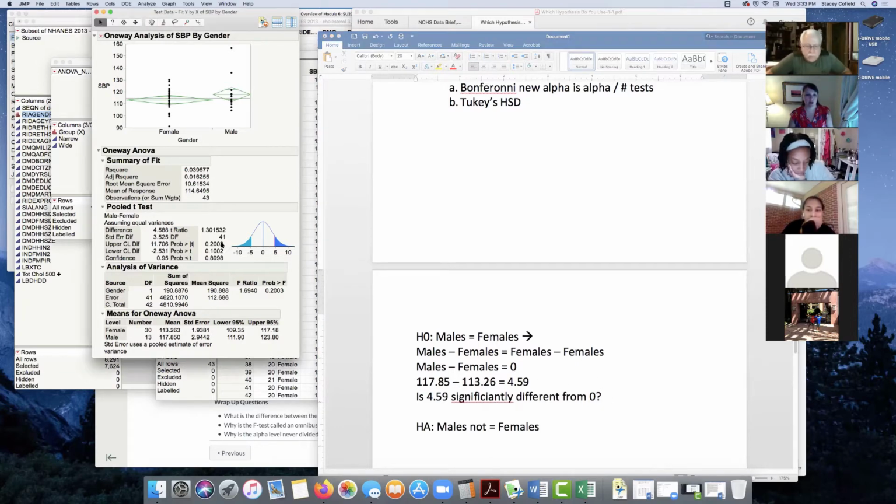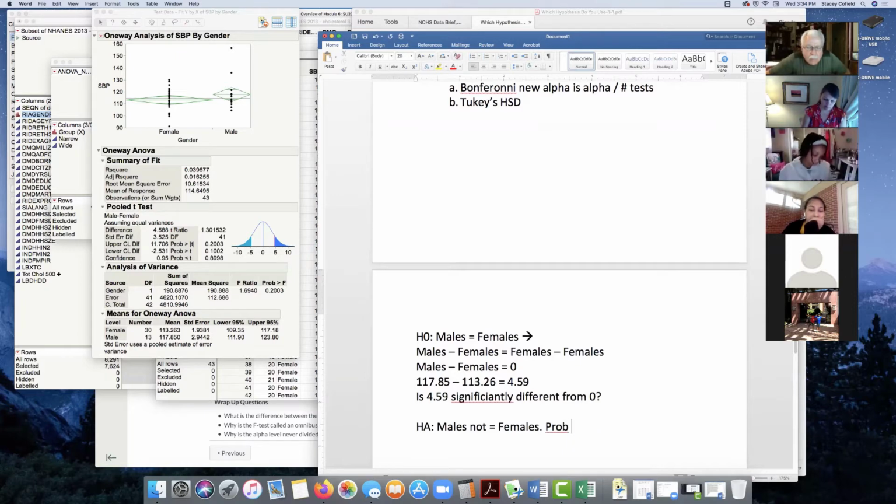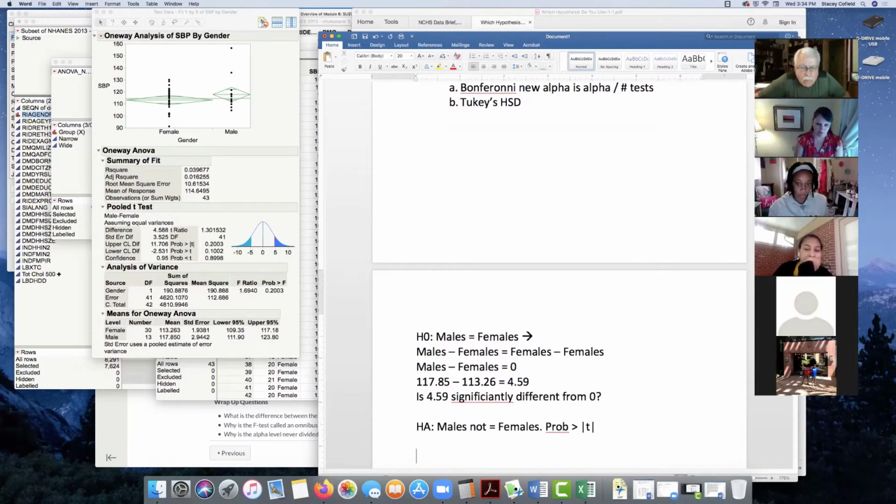So over here in JMP, this two-sided right here is for this alternative. And that's my prob greater than absolute t, right? If I happen to have an alternative of males greater than females, that's my prob greater than t.